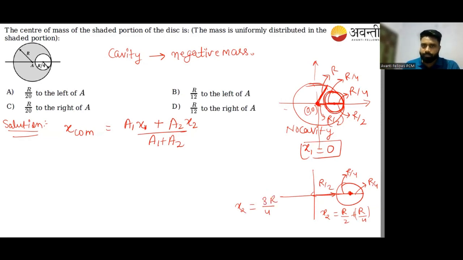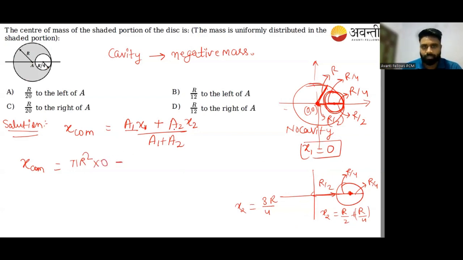But you have to consider this cavity as the negative mass, which means you have to take this area as negative because it is shaded out. It is taken out from the complete disk. So x center of mass is, what is the area of this complete disk? This is pi r square into x1, which is 0, so this will become 0.